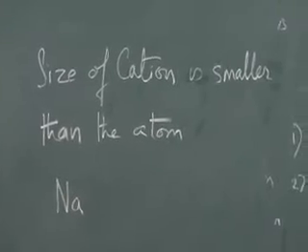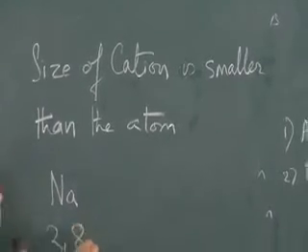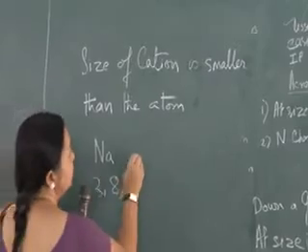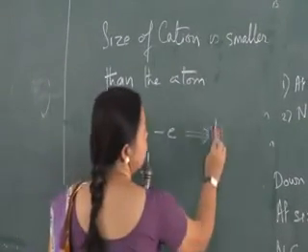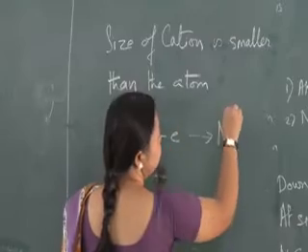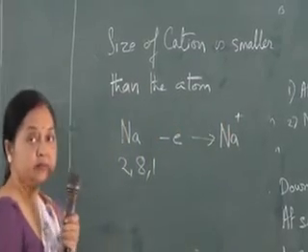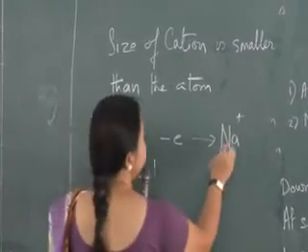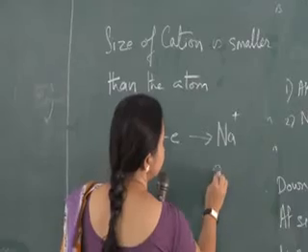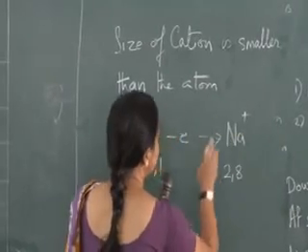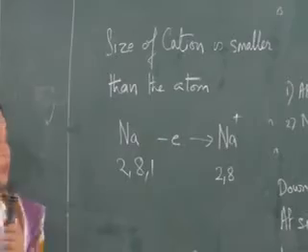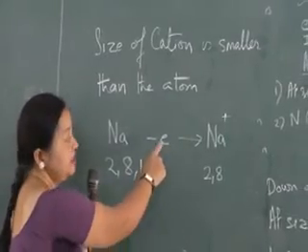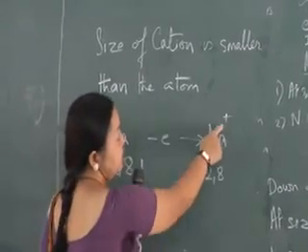What is the electronic configuration? 2, 8, 1. When sodium loses 1 electron, it converts into sodium cation. Now, what is the electronic configuration of this? It is just 2 and 8. That means the last electron, this valence electron, is deleted and it acquires a positive charge.